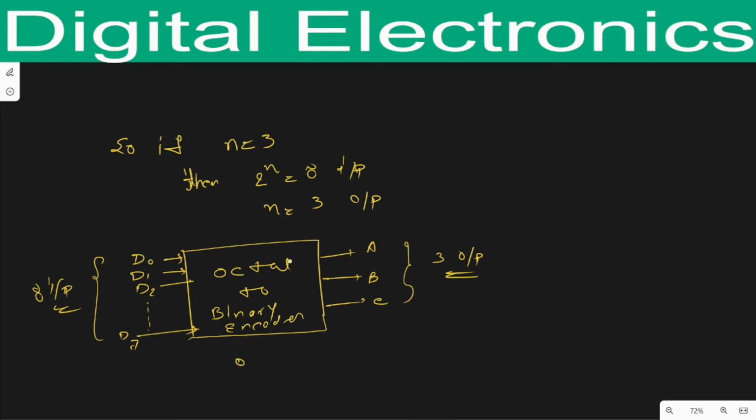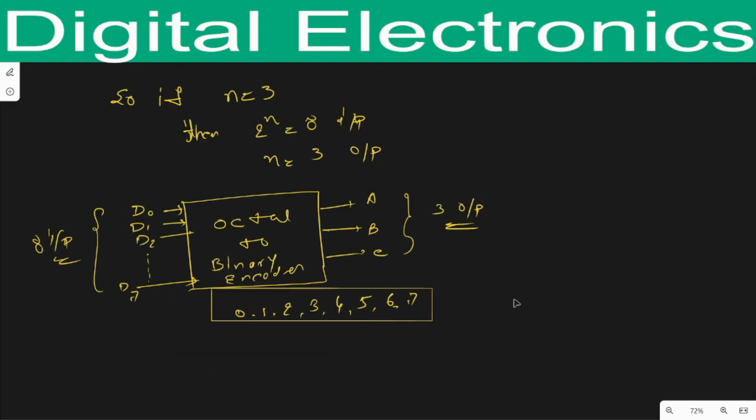Because in the octal number system there are 8 symbols: 0, 1, 2, 3, 4, 5, 6, 7. Here in this encoder a total of 8 inputs are there, so because of the similarity it is also known as the octal to binary encoder.